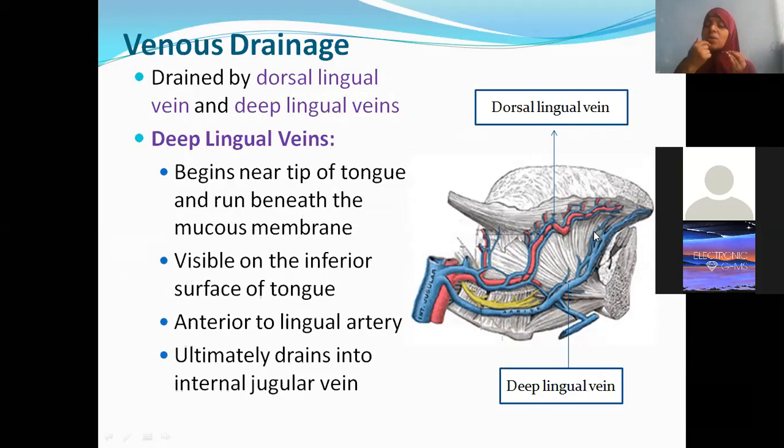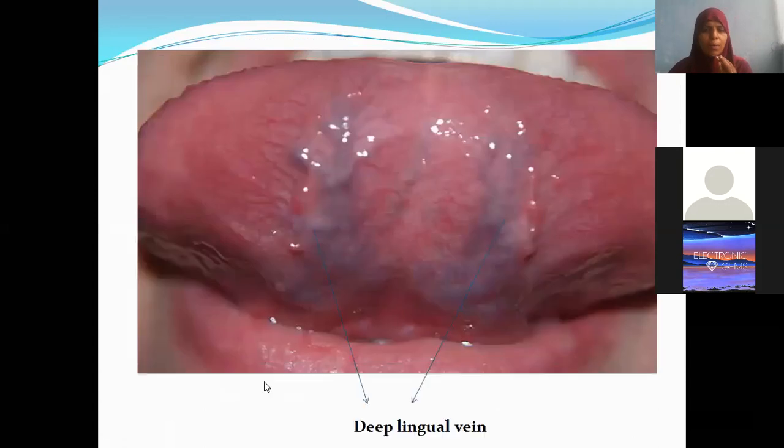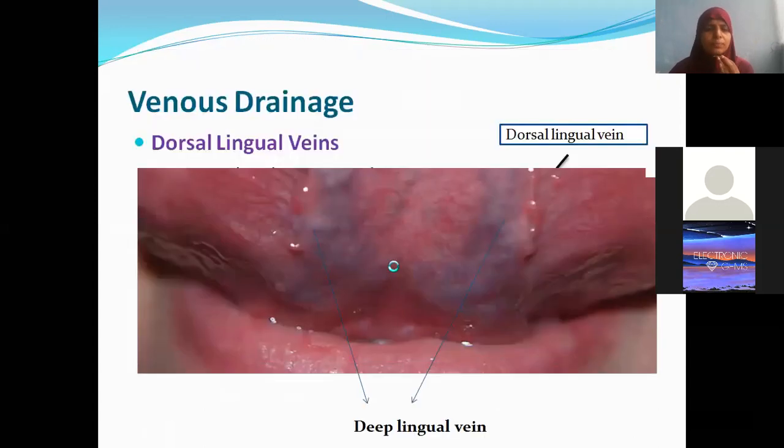Just now we have seen, on either side of the frenulum linguae, the deep lingual vein. Then it runs downwards and finally drains into the internal jugular vein. Whether dorsal lingual vein or deep lingual vein, finally they drain into the internal jugular vein. These are the deep lingual veins on either side of the frenulum linguae.